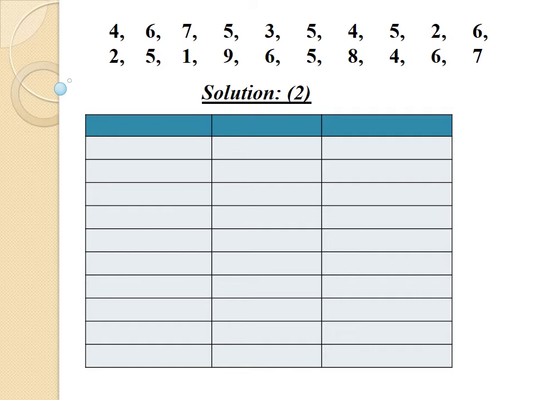Let us draw the table and write marks in the first column, tally marks in the second column, and frequency in the third column. Now, let us arrange the given marks in ascending order. Students, it is given 4. So, in front of 4, in the second column, we have to draw a tally mark.